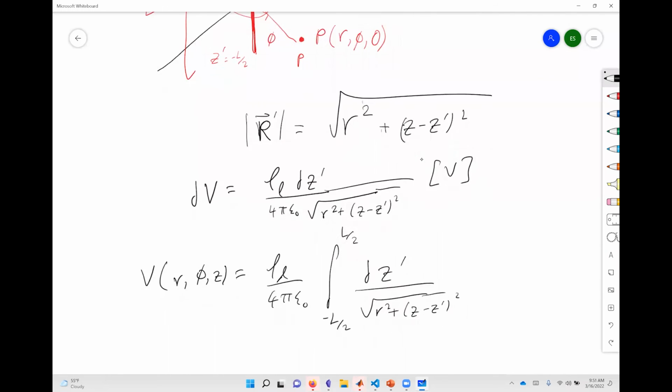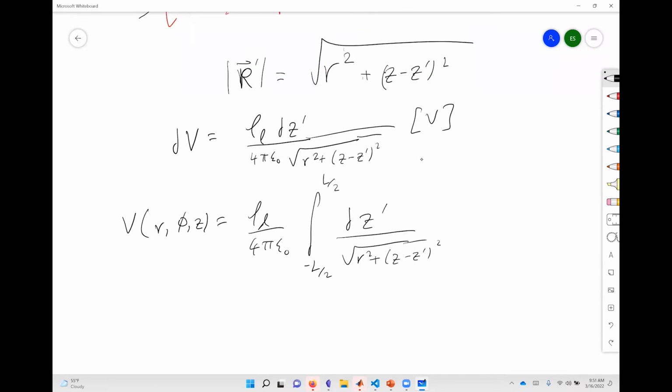And you can integrate this. If you go back to your table and integrate, or use software, you will find that the logarithm will show up here. So this is going to be rho L over 4 pi epsilon naught times ln of something like 2 root R squared plus Z minus L over 2.